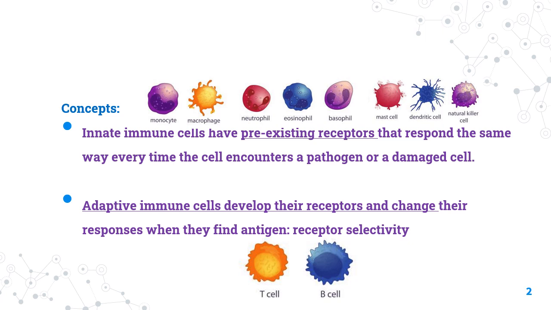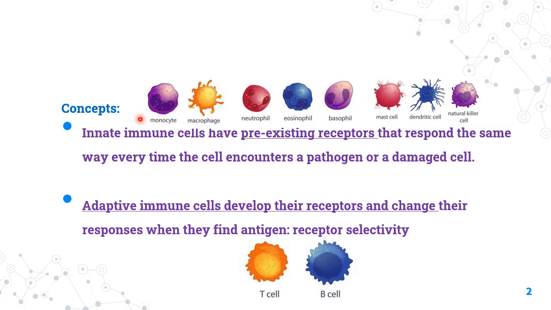So you have cells that are derived based on one certain path, like the myeloid path. So most of your innate immune system cells are derived from the myeloid path, as you see.